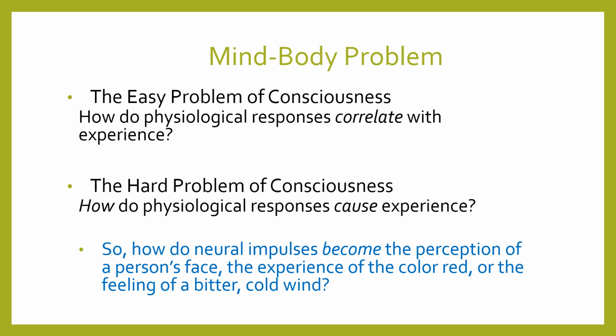But the hard problem of consciousness is how do those physiological responses cause our experience? How do neural impulses become the perception of my grandmother's face, the experience of the color red, not just seeing perceptually the color red, but the emotions and everything that gets to be part of the color red for us, or the feeling of a bitter cold wind.